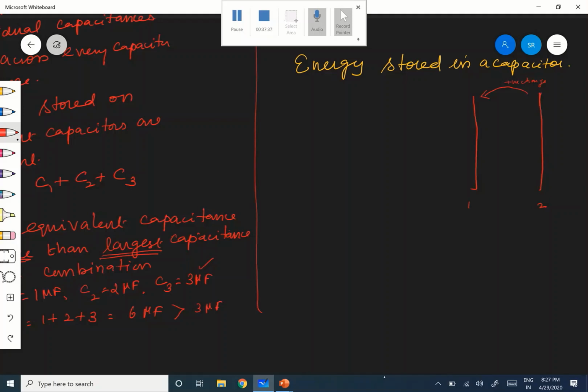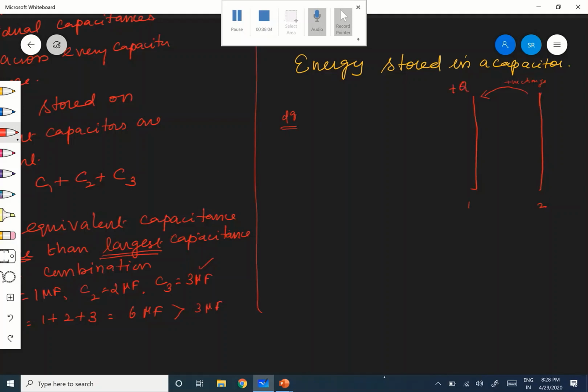Every time, I am taking charge dq from plate 2 and depositing it on plate 1, till the charge on conductor 1 becomes plus Q.